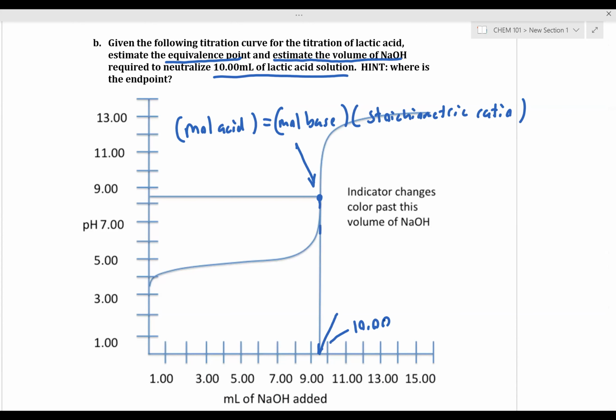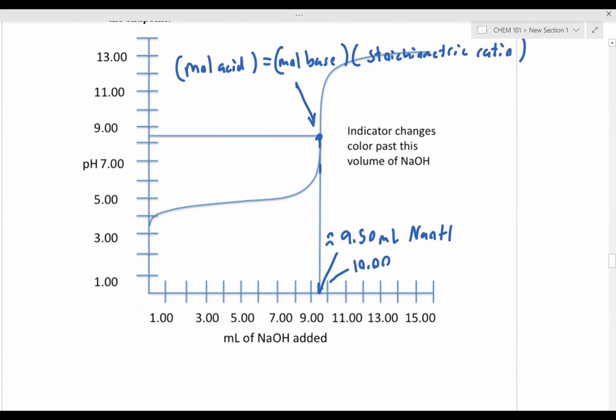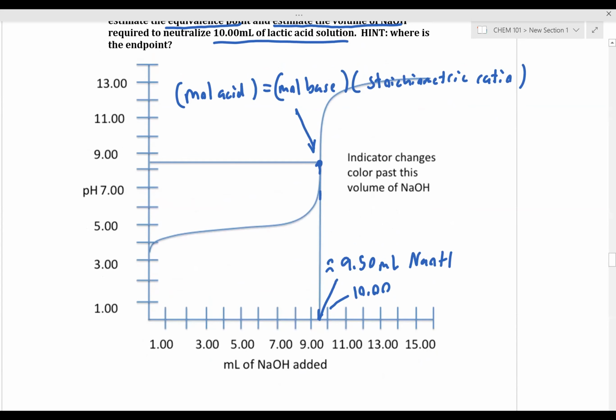Yep, so it's about 9.50 milliliters of NaOH. Does it make sense where we got that number from? We traced the volume at the equivalence point down, and that gave us the volume of NaOH needed to completely react with our lactic acid, or at least to reach this first equivalence point. Does that make sense? Okay.